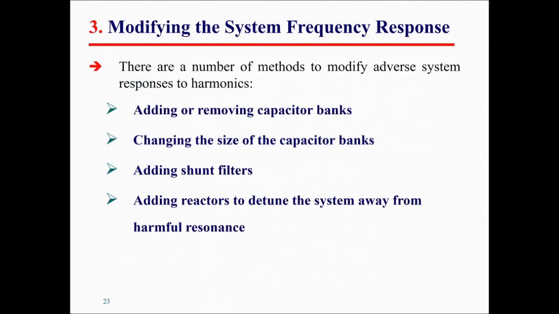Number 3, modifying the system frequency response. There are a number of methods to modify adverse system response to harmonics: adding or removing a capacitor bank, changing the size of the capacitor bank, adding a shunt filter, adding a reactor to detune the system away from the harmful resonance.